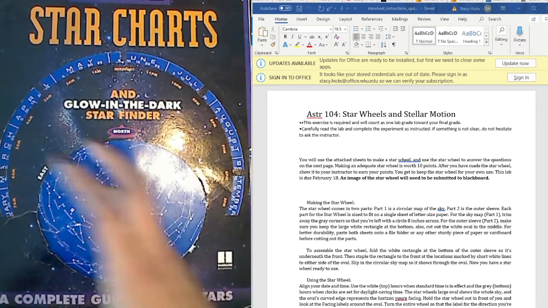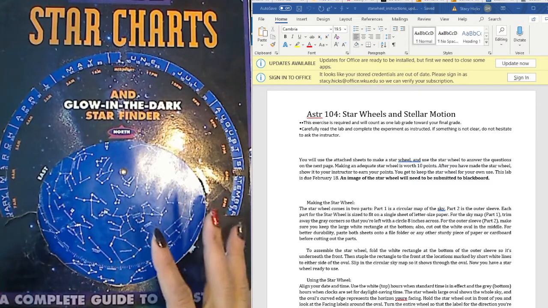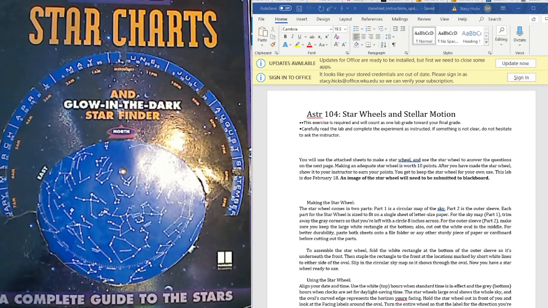So different constellations appear more dominant in our sky in different seasons, because we're looking out at the stars from different points in our orbit. This changes our perspective of the background stars that we're seeing.